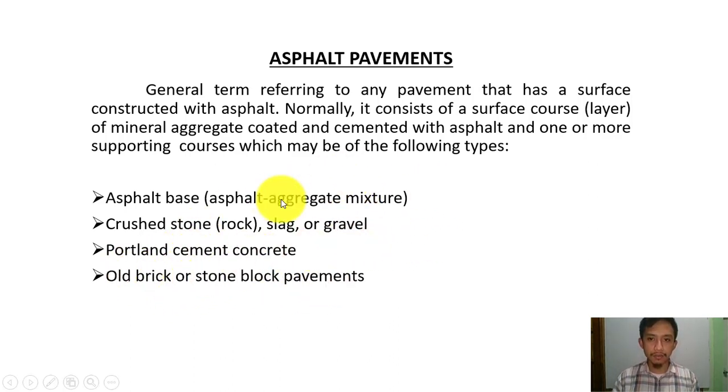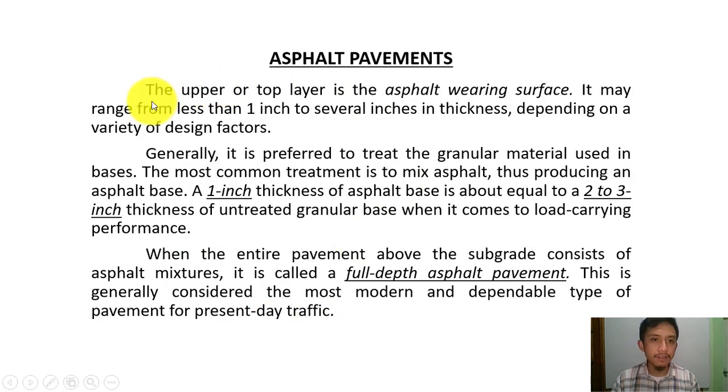So those are the types of your bases. It's either a mixture of asphalt itself, or it is just a crushed stone, slag, or gravel, or it is a Portland cement concrete pavement, or it is an all brick stone blocks, okay. So the upper or top layer is the asphalt wearing surface, okay. So the top layer of the asphalt pavements is what we call the asphalt wearing surface.